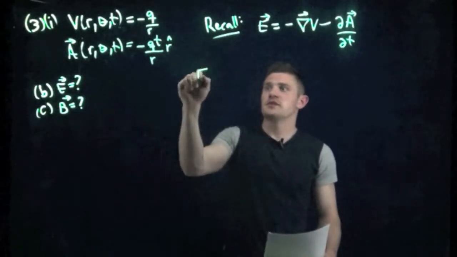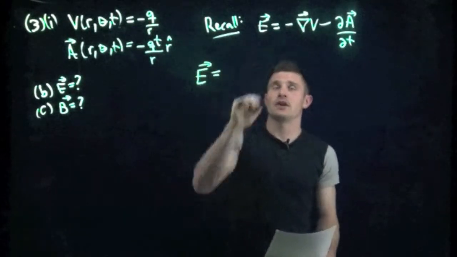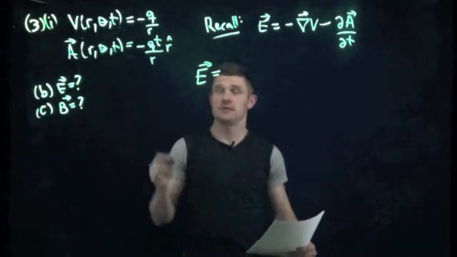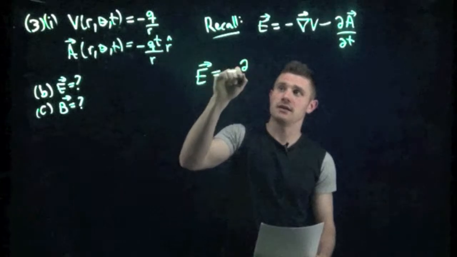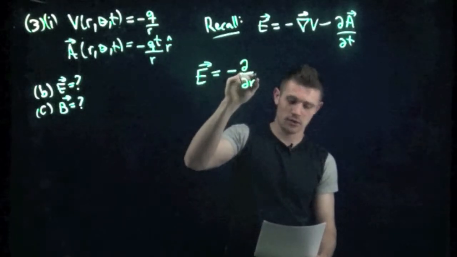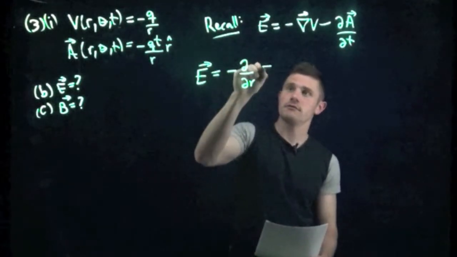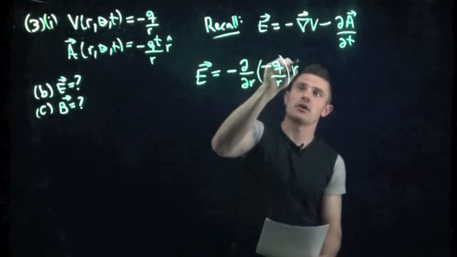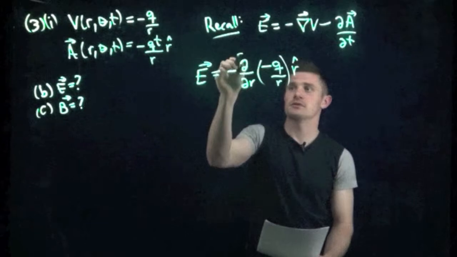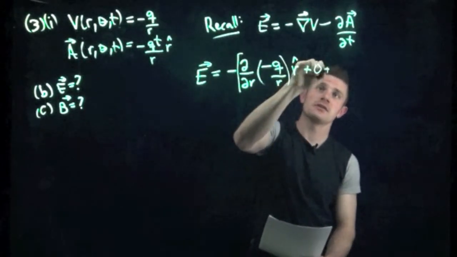So in order to do this, we just simply have to take that gradient of V, and again, we're in spherical coordinates, so we only have to worry about the r component. So we have negative d by dr of our scalar potential, and then this will be in the r hat direction, and then the other terms are 0.